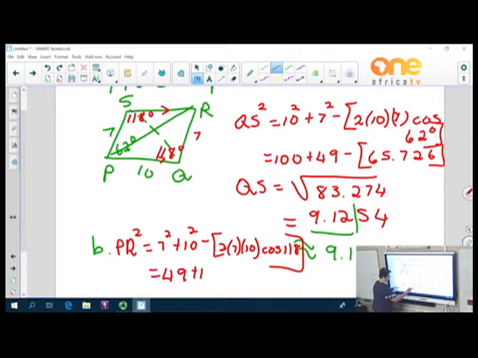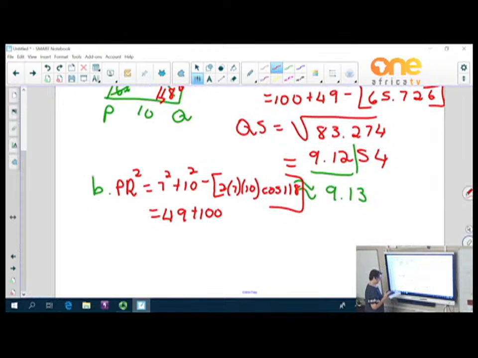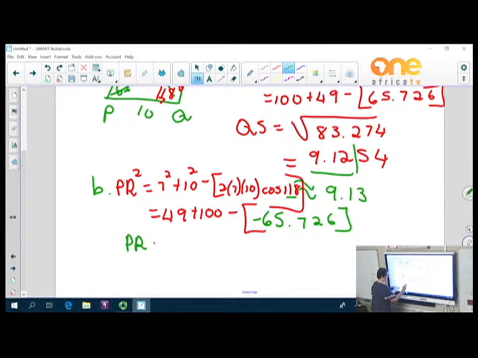So 49 plus 100, and then in the bracket there, 2 times 7 times 10 cosine 118 degrees, and it should be a negative again. We'll have a negative value there because of that obtuse angle. So it's negative 65.726. So PR is equal to, I need to get the square root there.